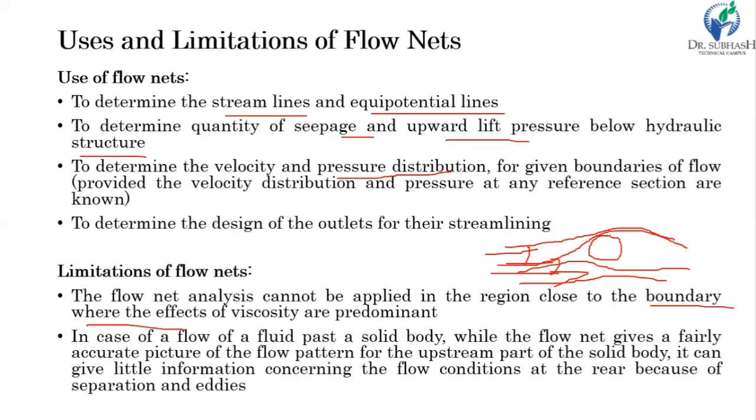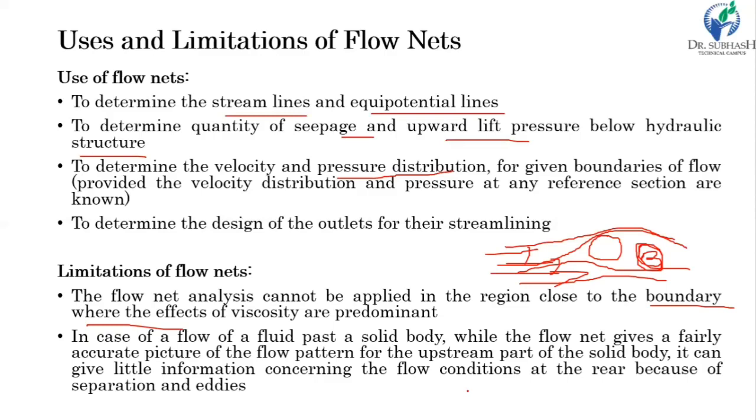But when it passes through the solid body, in the backside of this body, there are eddies generated, and these eddies will not let these lines represent the perfect definition of the pressure and velocity condition. So these are the two limitations of the flow net.